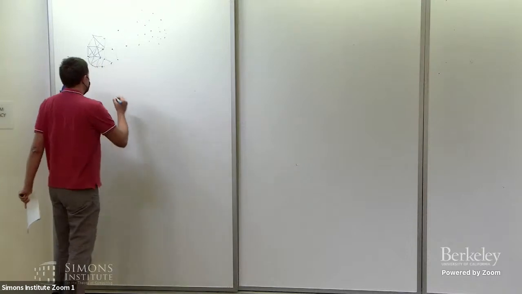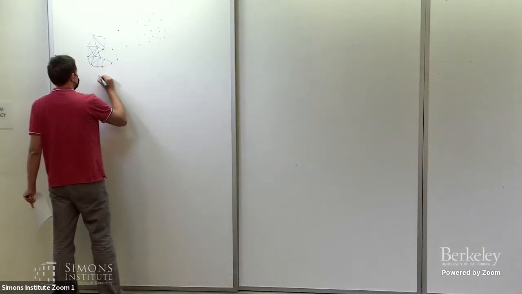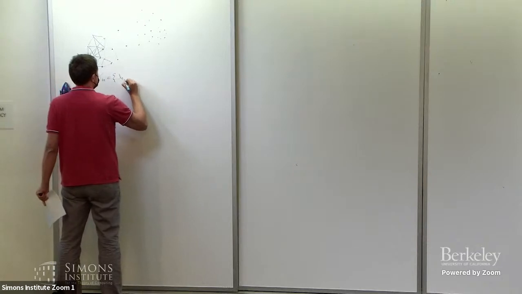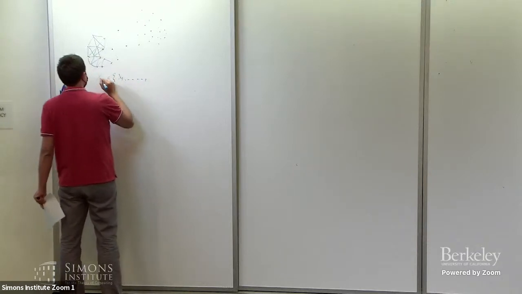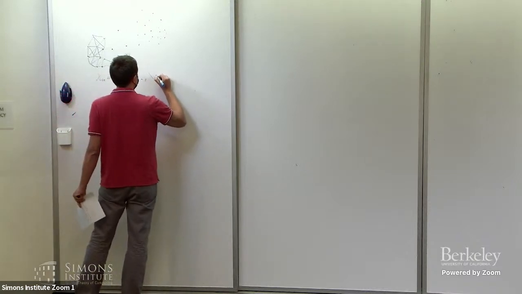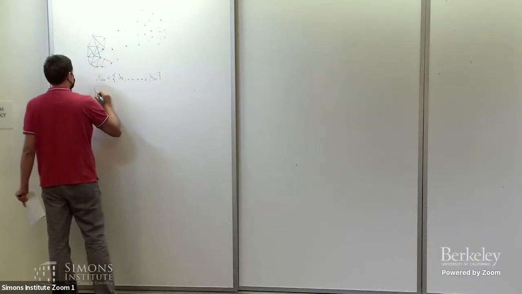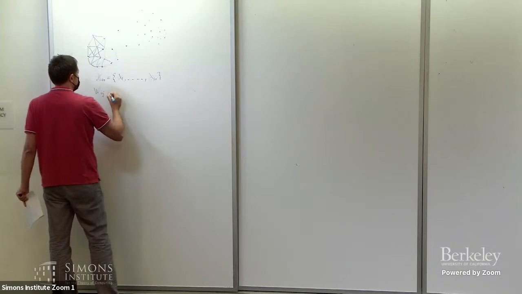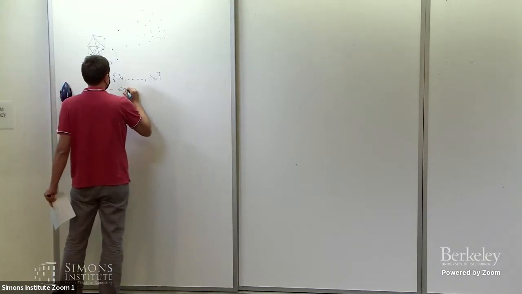So, okay, now we have these vertices. Script X_n is the set of vertices, x_1 up to x_n, and we have some weights. So w_ij is the edge weights.